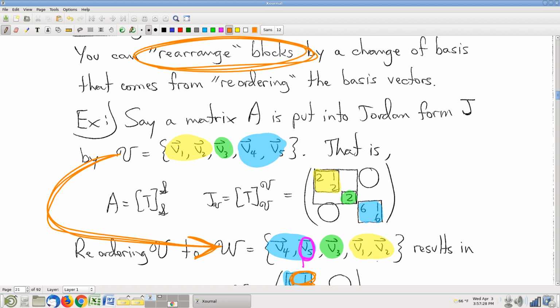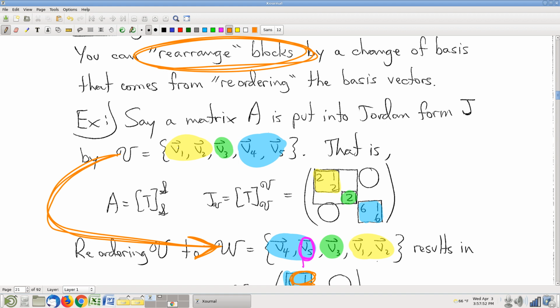It's a change of basis. It's a really simple change of basis where you're actually using the same vectors just in a different order. But it is a change of basis. So rearranging blocks gives you similar, literally similar matrices. It gives you matrices that are conjugate to each other.